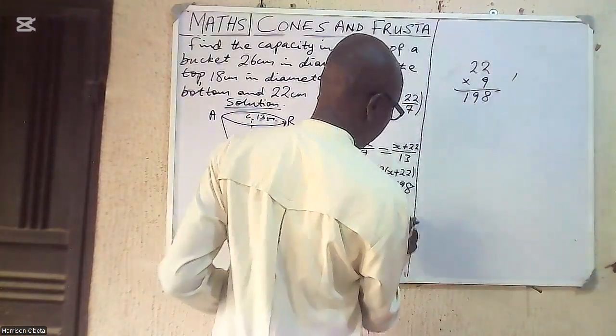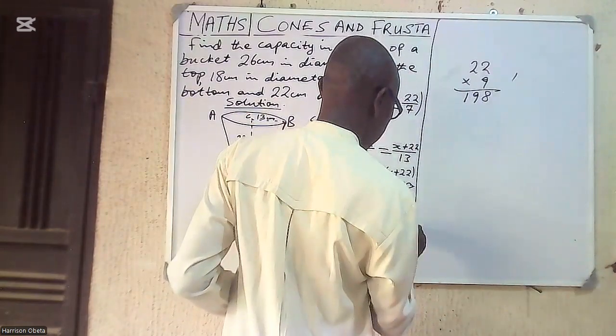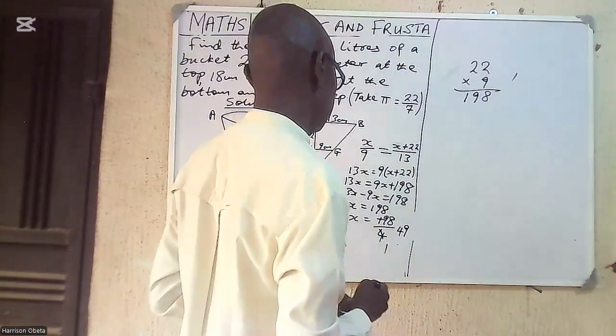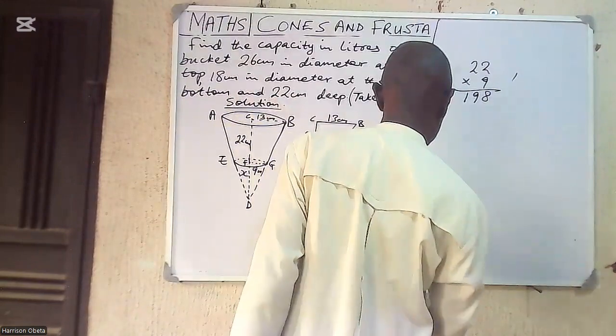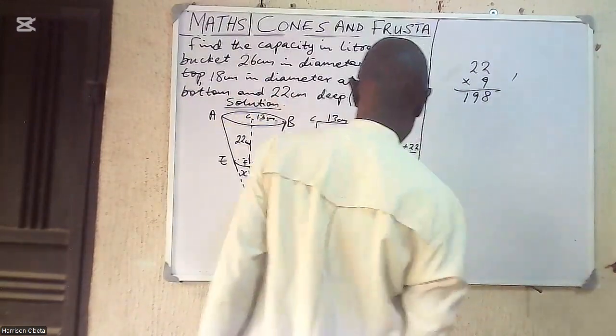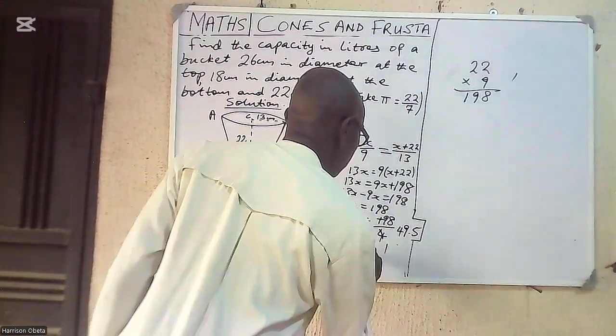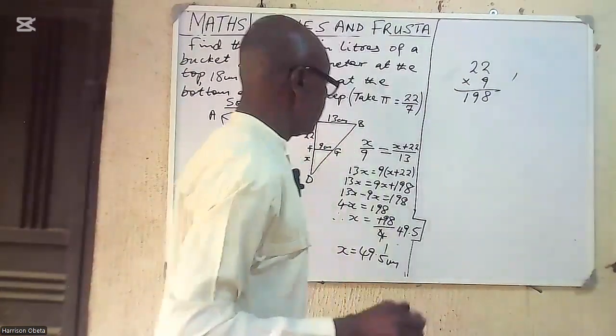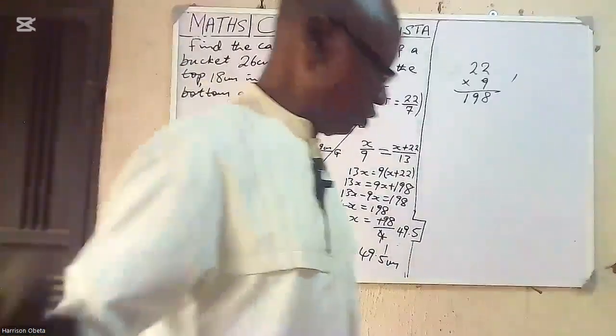In 38, you have 9, that's 36, remainder 2, and that should give 0.5. So x equals 49.5 cm. So we now continue.